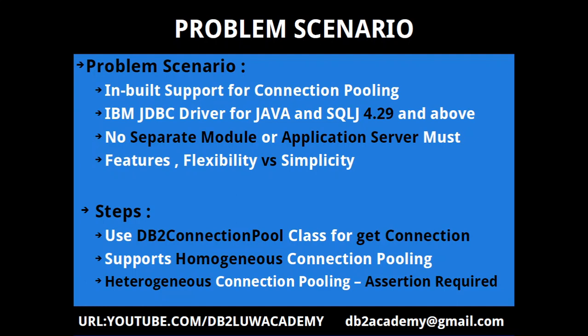I think when they mean homogeneous connection pooling, it will share all the connections and share the environment variables and flags that are set. For example, consider the auto commit setting. If you want three connections, where one connection has auto commit yes, another has auto commit no, and another has auto commit yes, then when a connection is reused, you might have to reset the state based on your individual connection needs.